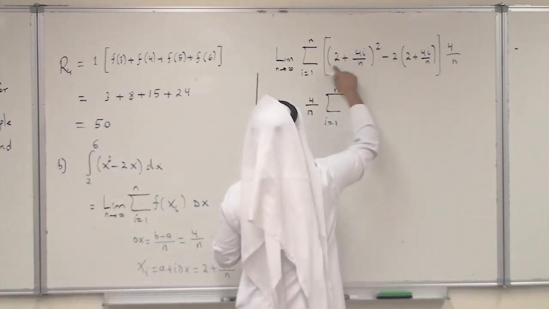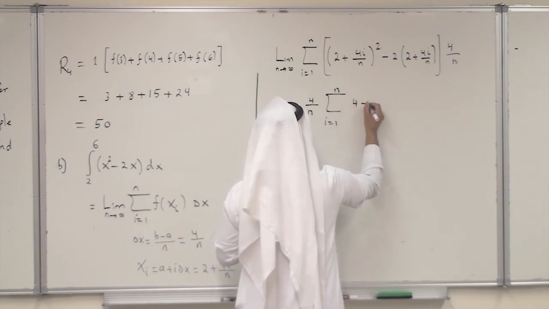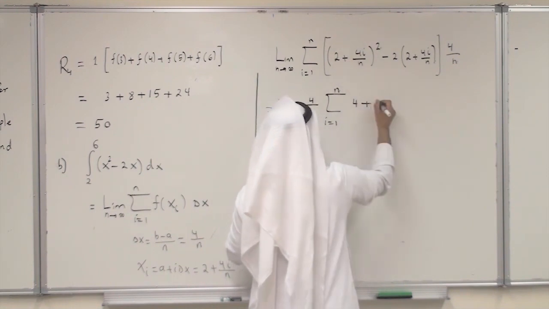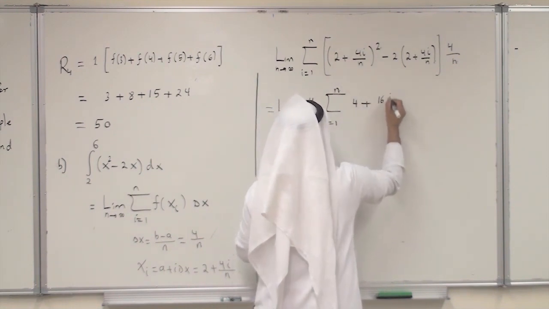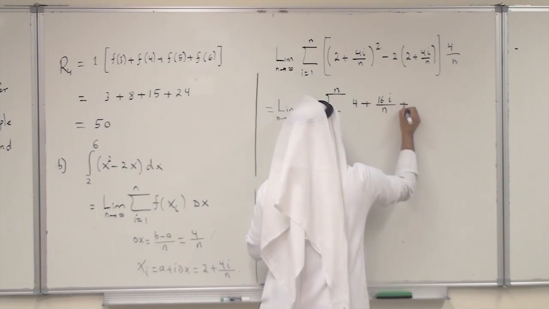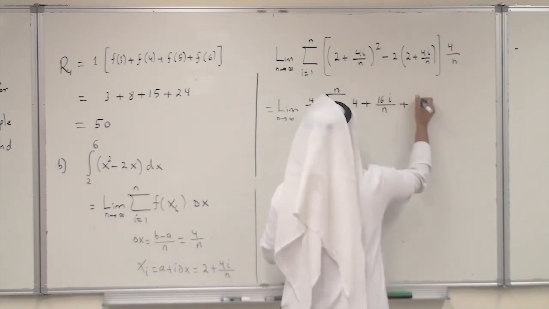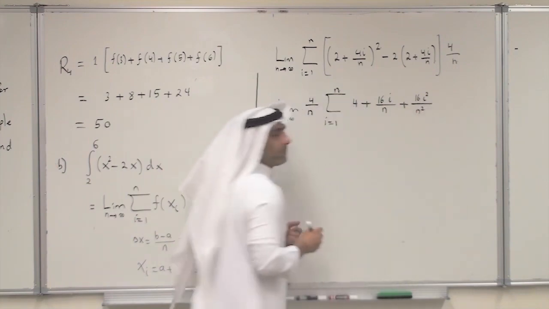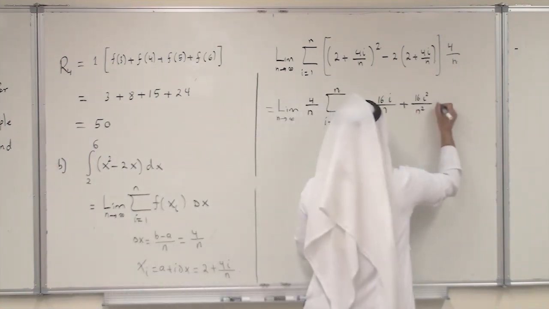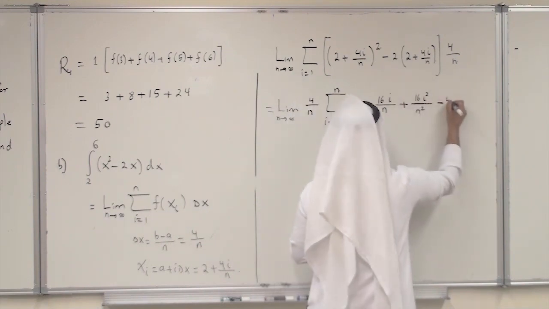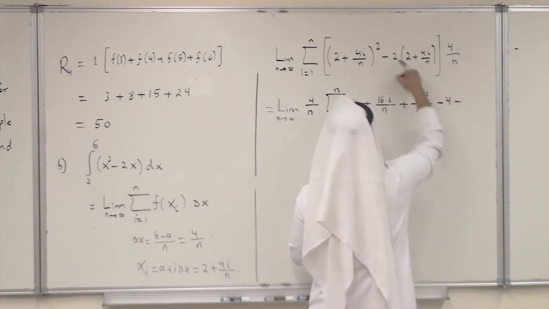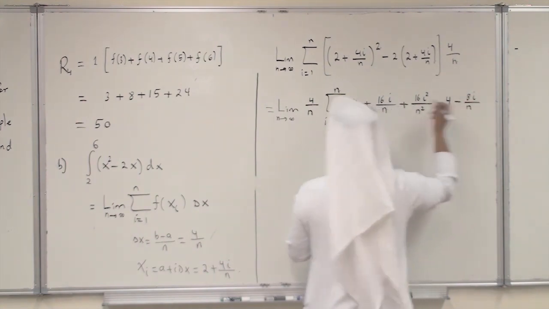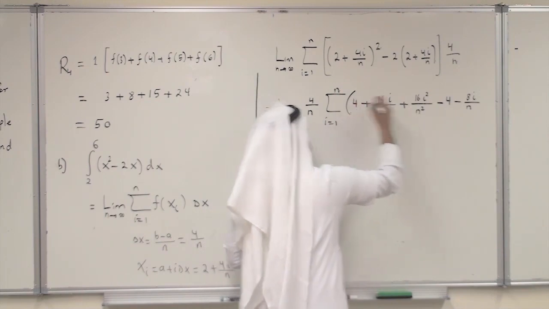So this will give you 4, the first one squared, plus twice the first times the second. So it is 2 by 4, which is 8, by 2, that is 16i over n, plus the second one squared, which is 16i squared over n squared. Minus 2 by 2, which is 4, minus 2 by 4, that is 8i over n. Everything here is inside the summation.